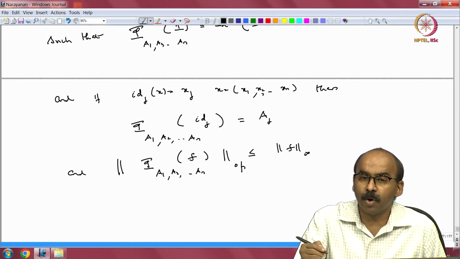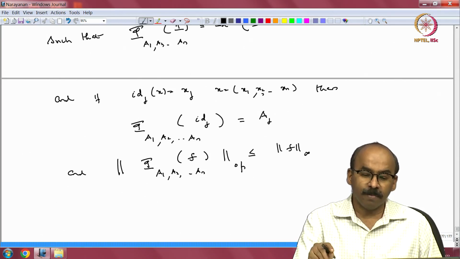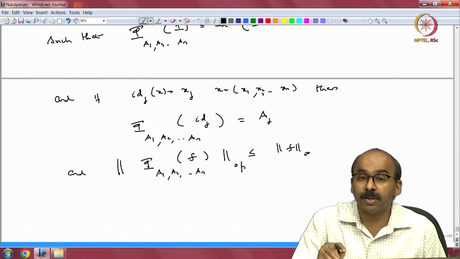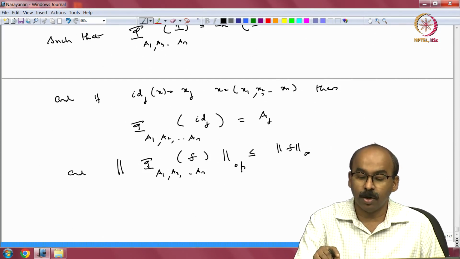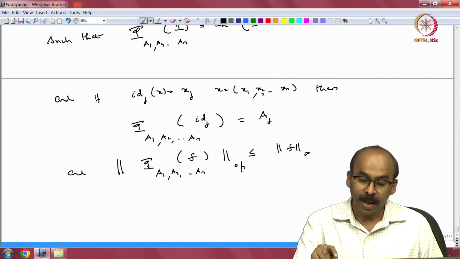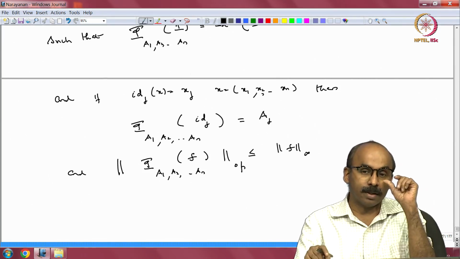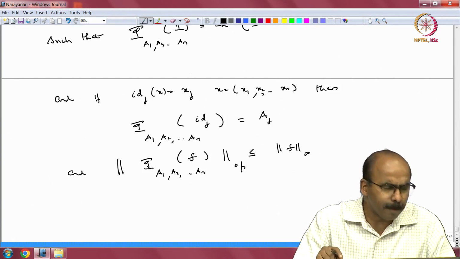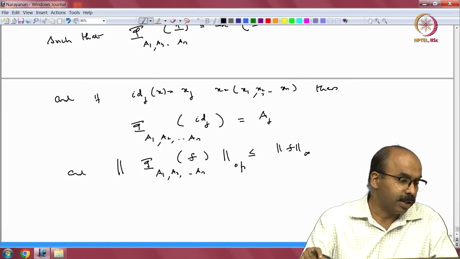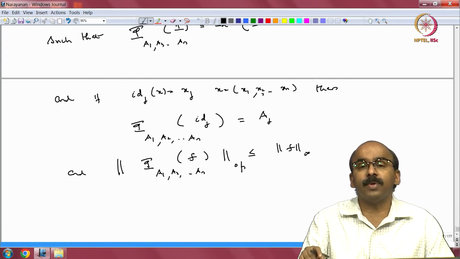If we define what is known as the joint spectrum of these operators, then there would be an equality. At the continuous functional level we know there is an equality, but we may not get into that.